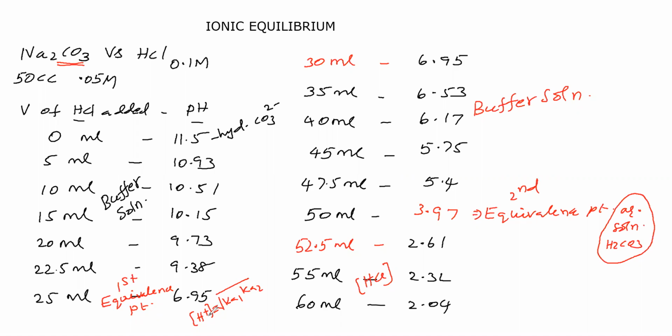Therefore, we derived this formula and calculated the pH. When do we have to use this formula? If the solution contains an ambident species. What is ambident? It can act as an acid as well as a base.